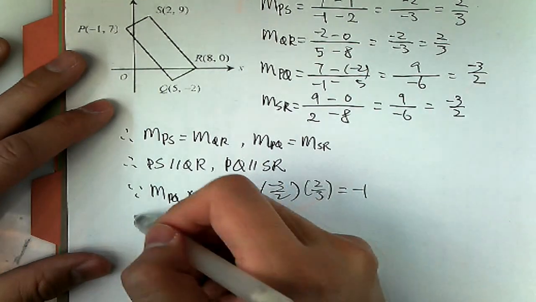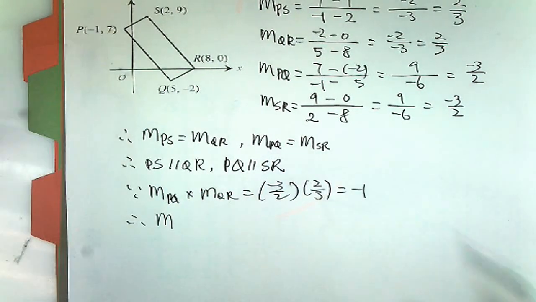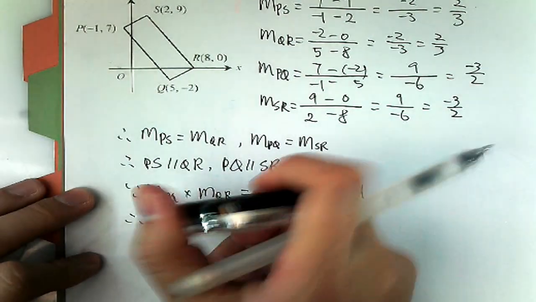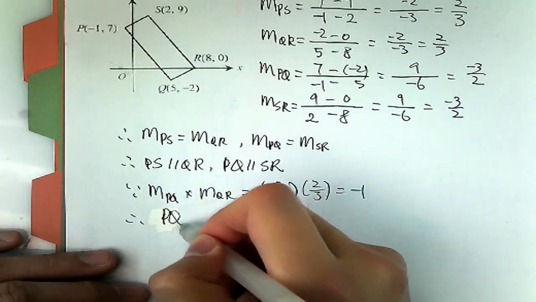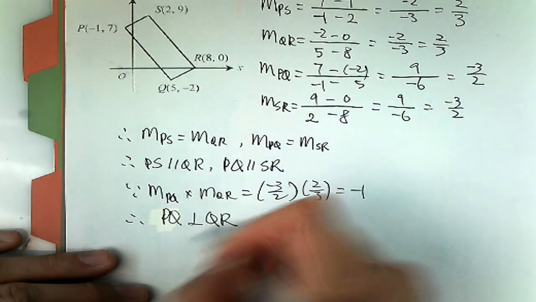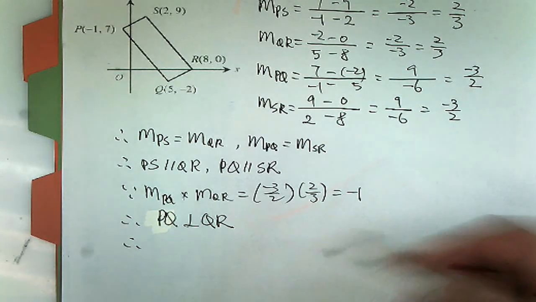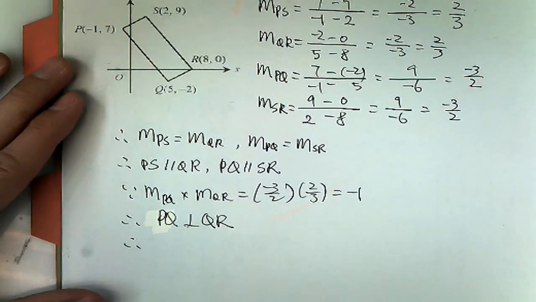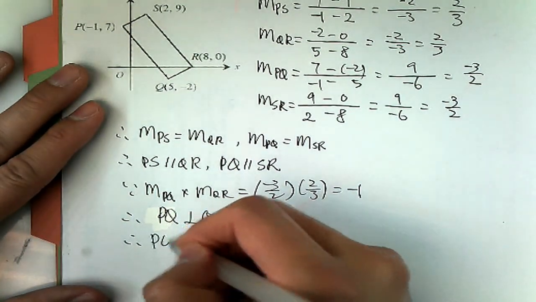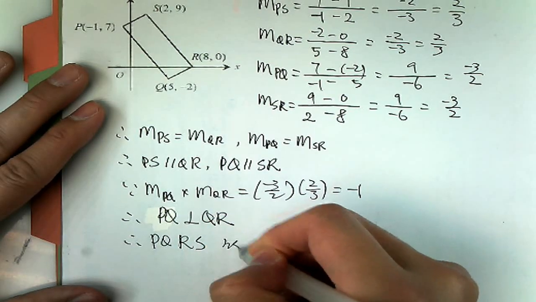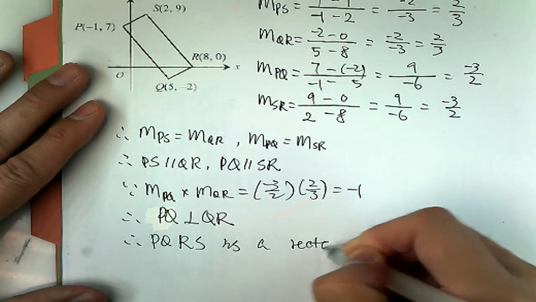Understand? So you have PQ perpendicular to QR. Therefore, altogether, you can conclude PQRS is a rectangle.